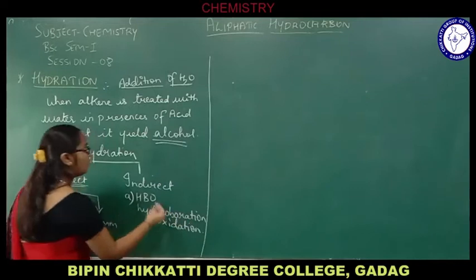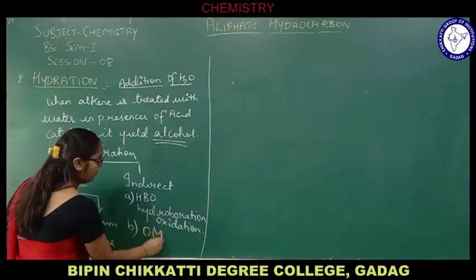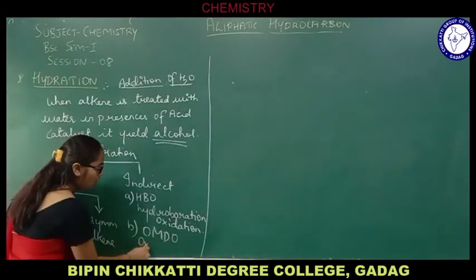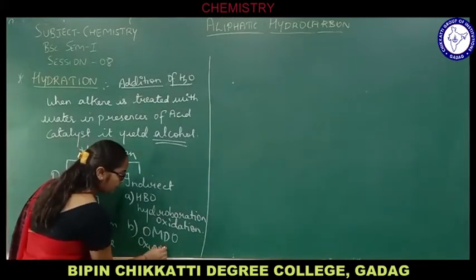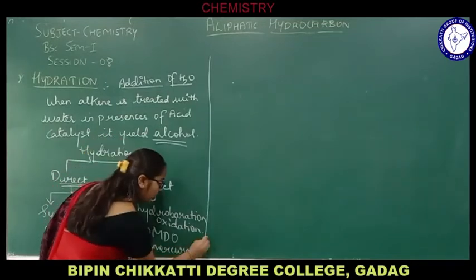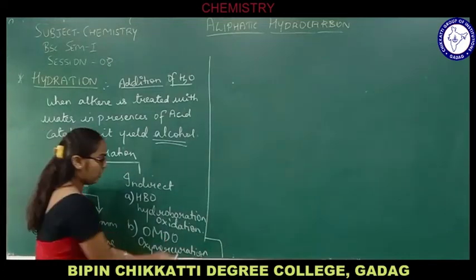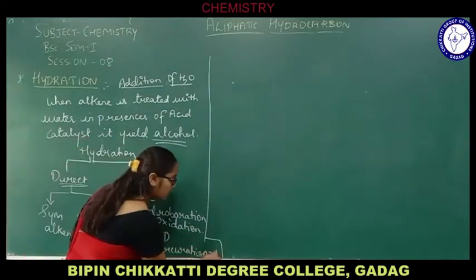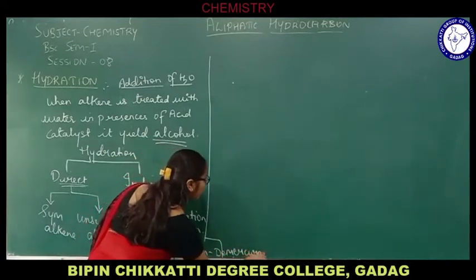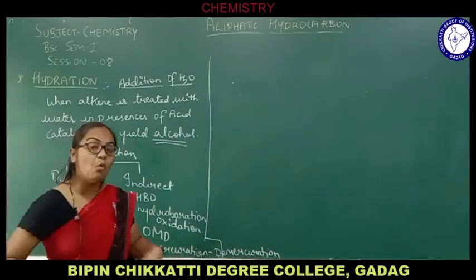The second one is OMDM, that is oxymercuration and demercuration. These are the names of the methods. You don't have to get confused over here. I am going to deal with this in more detail.